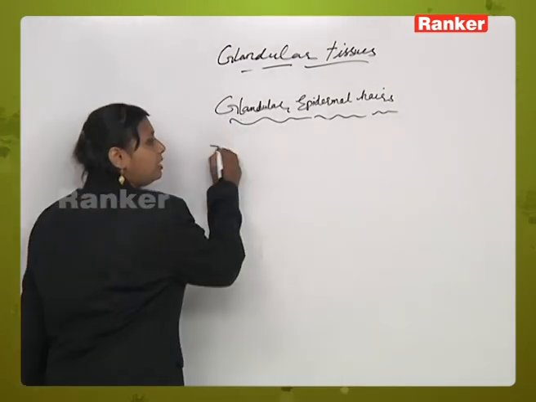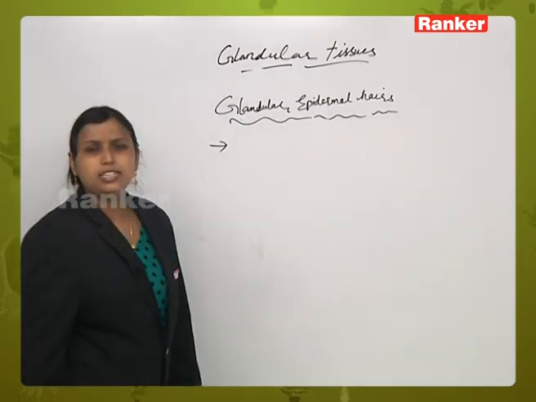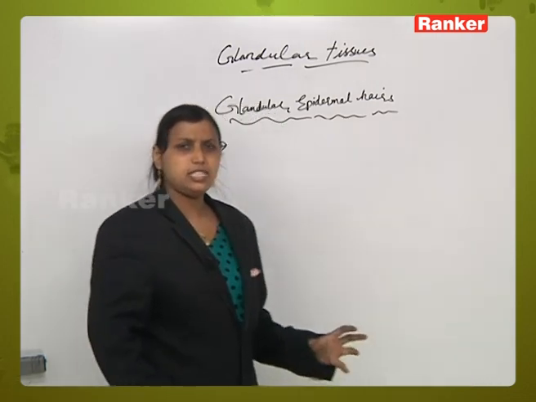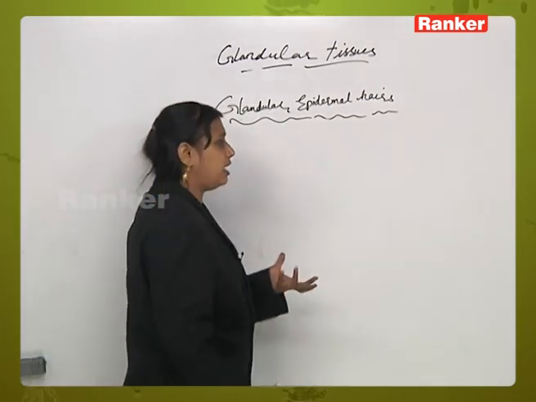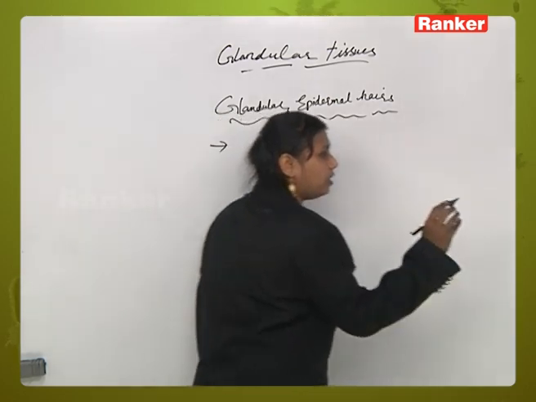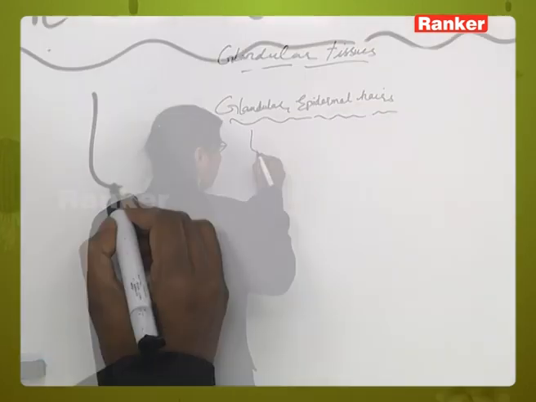Now, glandular trichomes which secrete nectar occur in many parts of the flower.